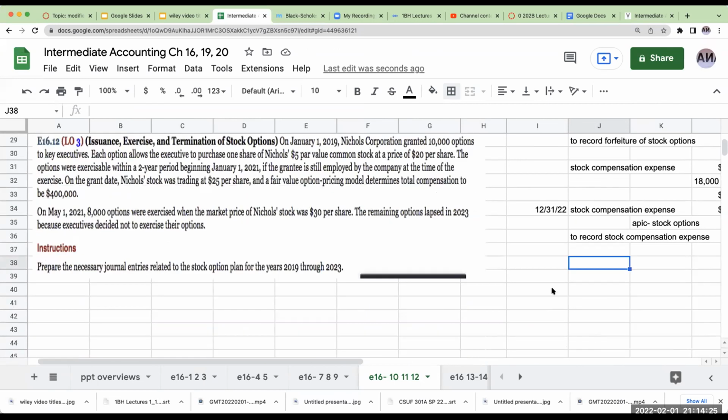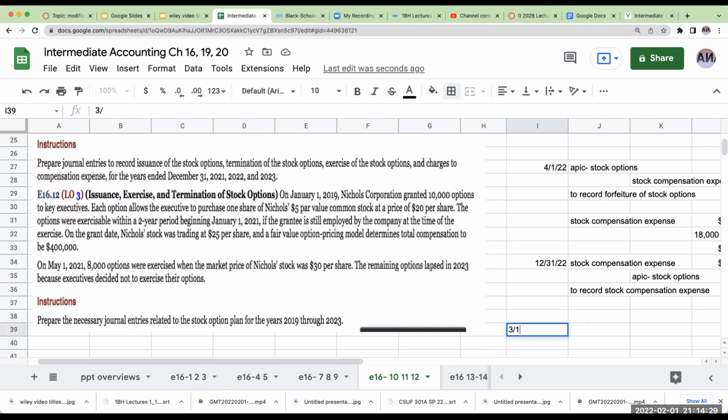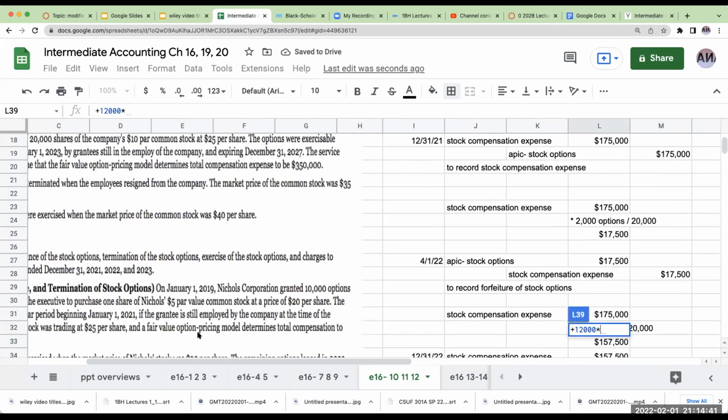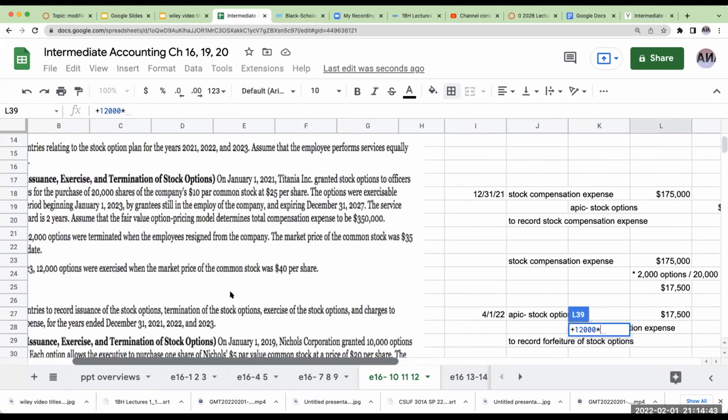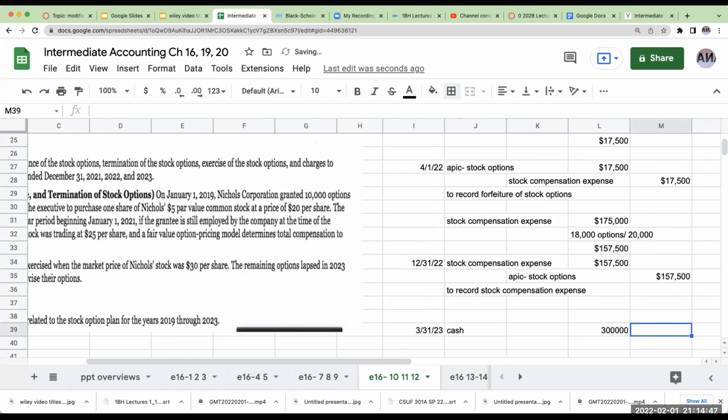That's how much I have to pay to exercise it. So over here, this is going to be 3/31/23. The cash that I'm receiving is going to be 12,000 options, and I'm getting a check cut for $25 per share, or $300,000.